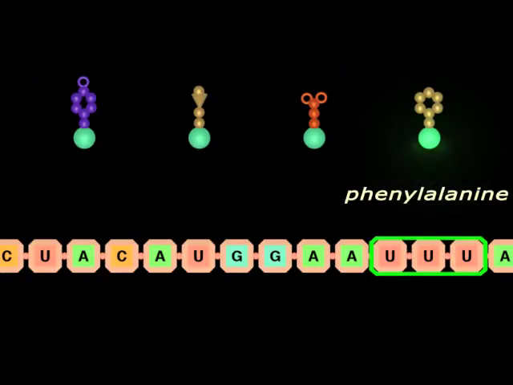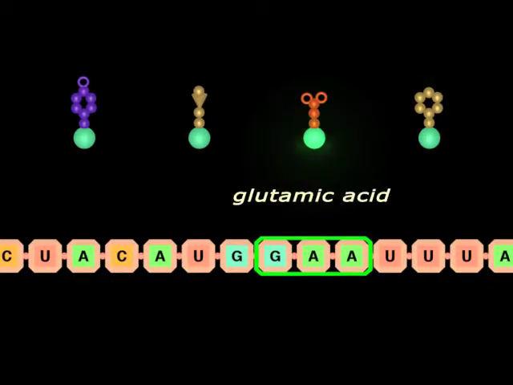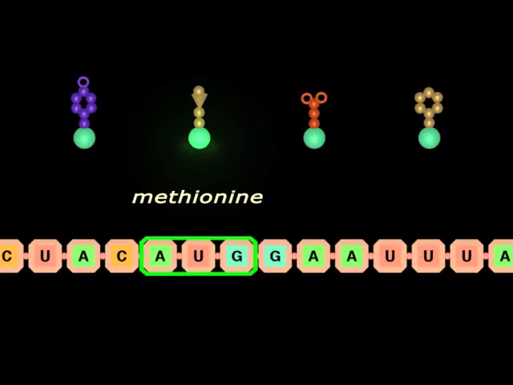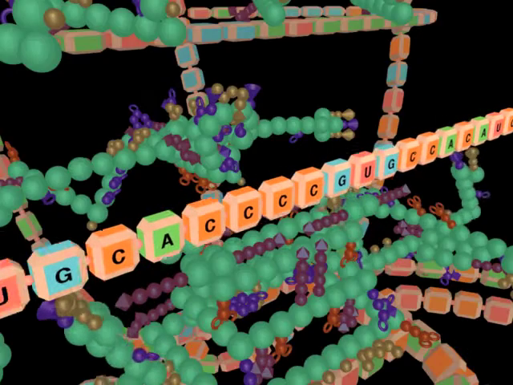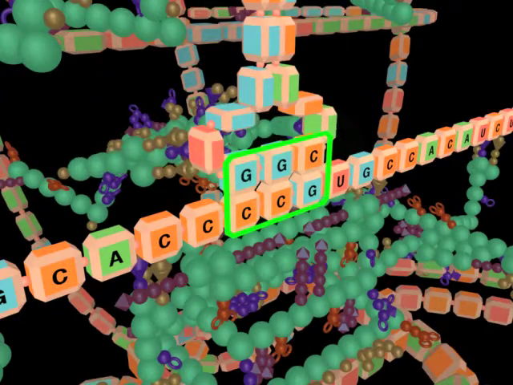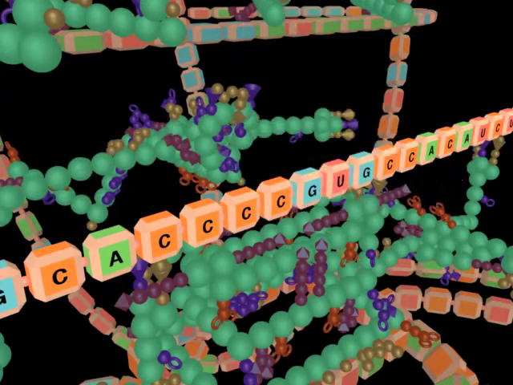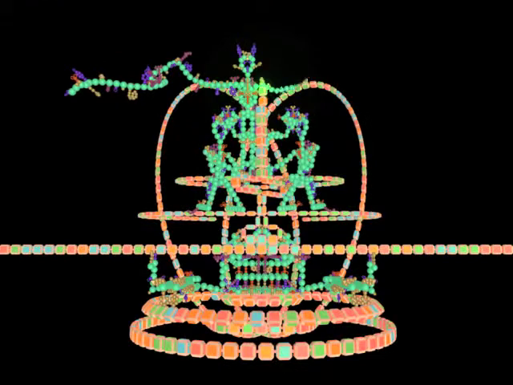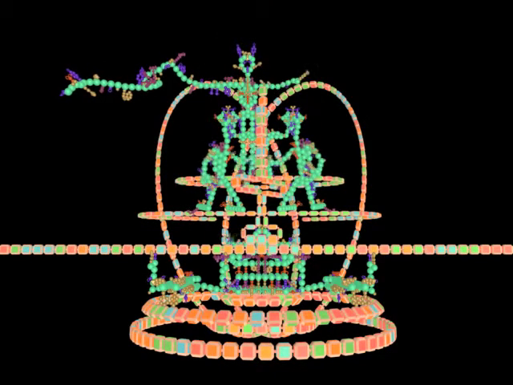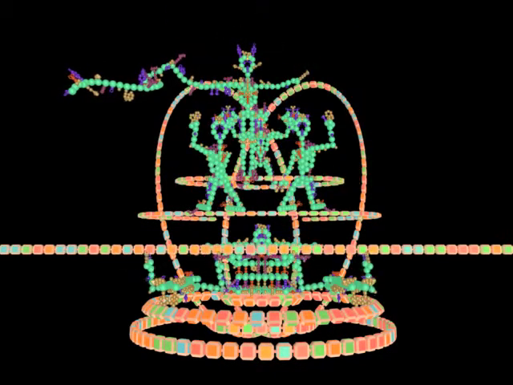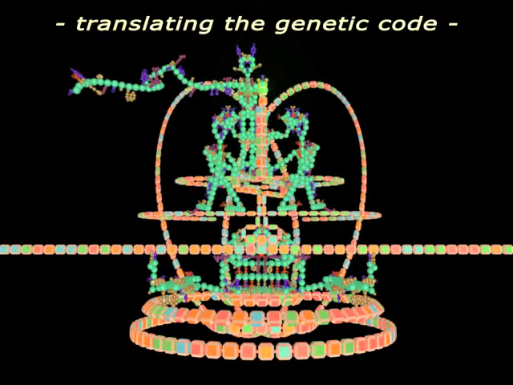UUU, for example, translates into phenylalanine, GAA into glutamic acid, and AUG into methionine. A ribosome reading an mRNA is simply deciphering a list of 3-letter codons into a string of amino acids. Or, as scientists would say, it is translating the genetic code.